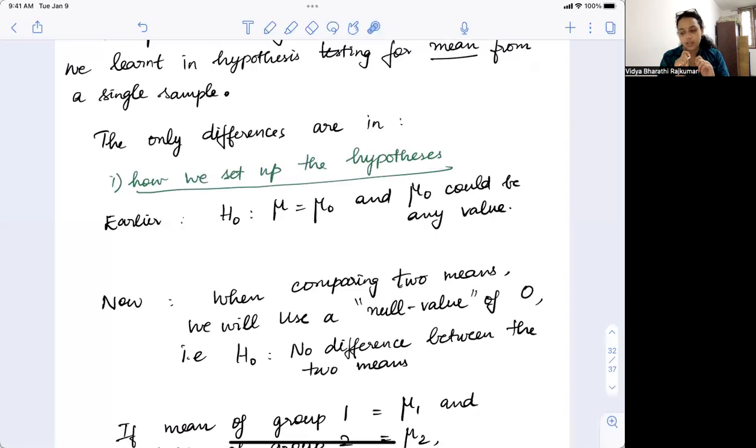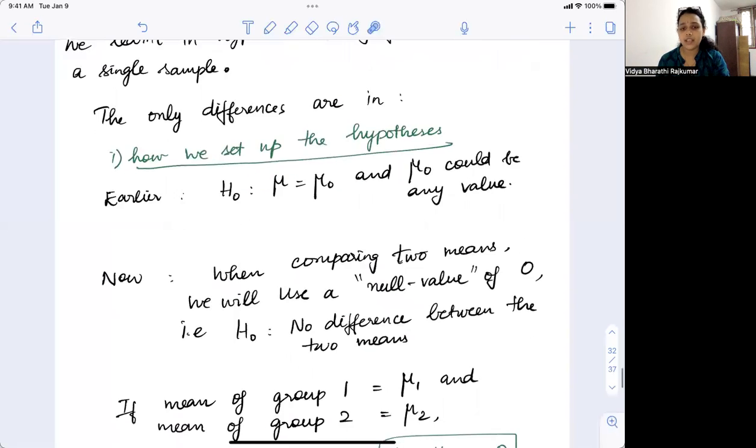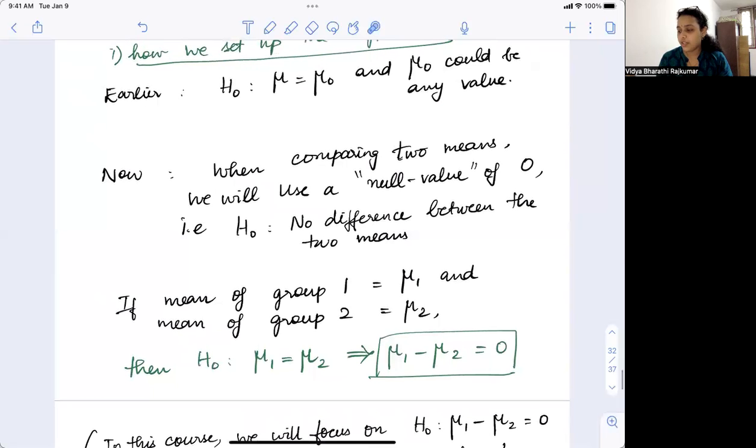So when we are trying to compare two means, we'll define the null to be that there is no difference between the two means. Earlier the null was that the population mean is equal to some value. Now we are interested in the difference in the means between two groups, so we're going to redefine the null that there is no difference between the two groups.